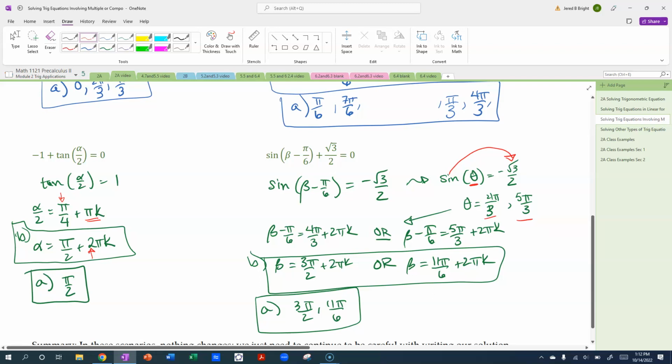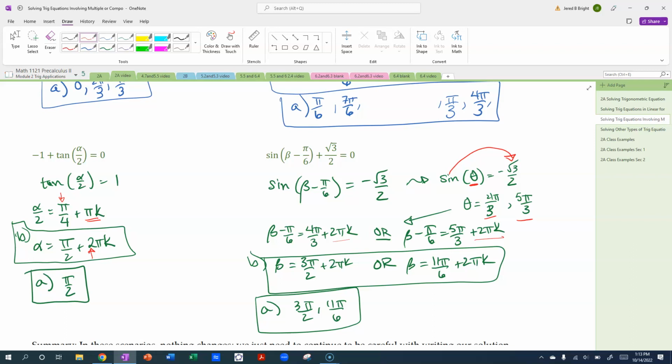Okay, so I have to set my angle, which was theta, but it's actually beta minus pi over 6, equal to both of those, and then tack on the period. If we do that, then add pi over 6 to both sides, and you're just adding like terms, so the k isn't like terms with the 4 pi over 3, so you're just adding it to that term.